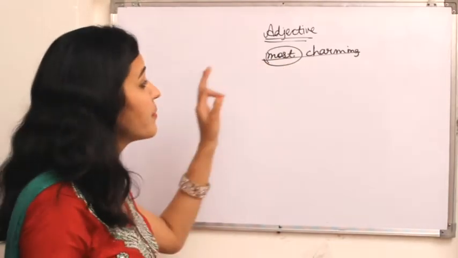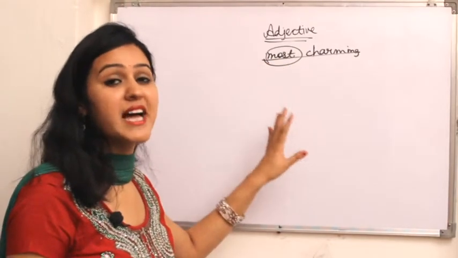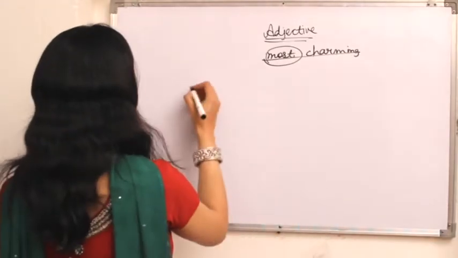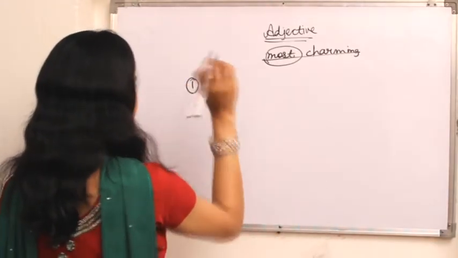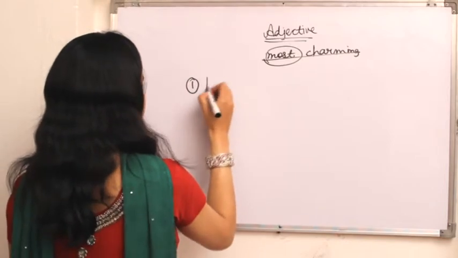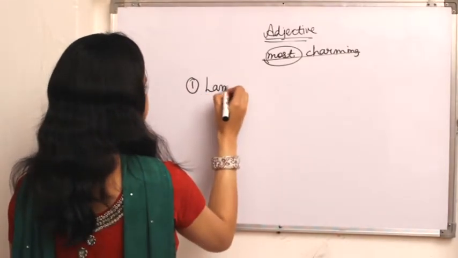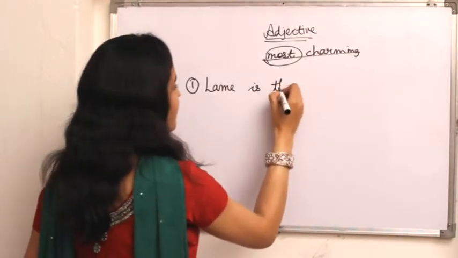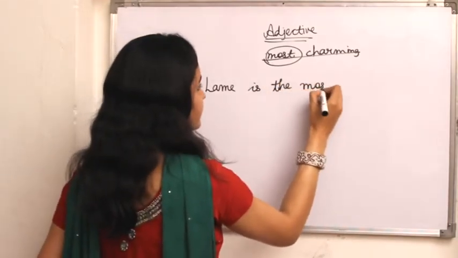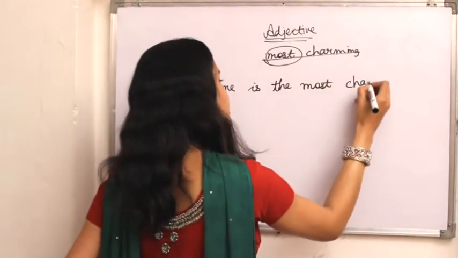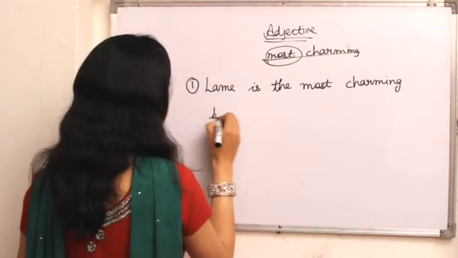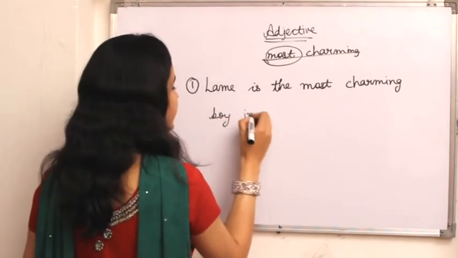Because now we are comparing more than two persons, two people. Okay, so here I write: Lim is the most charming boy in his family.